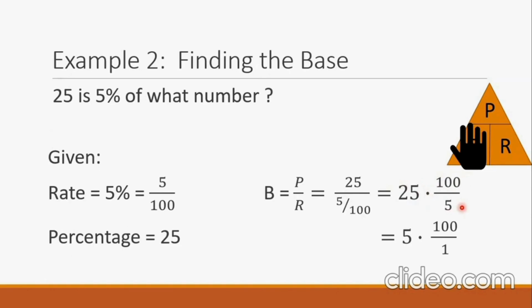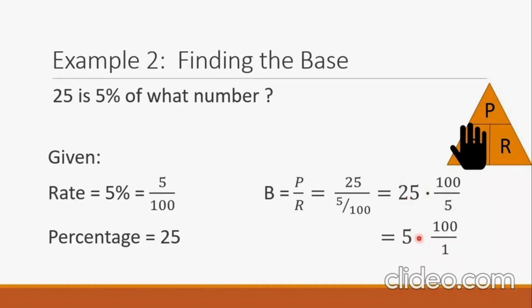But if we can simplify by cancellation this 25 by the number down here, which is 5, that is better. So if we cancel 25 and 5, the 25 becomes 5, the 5 becomes 1.